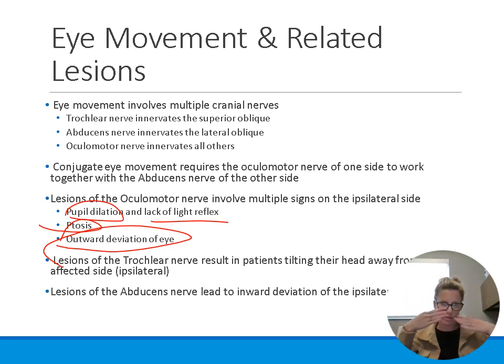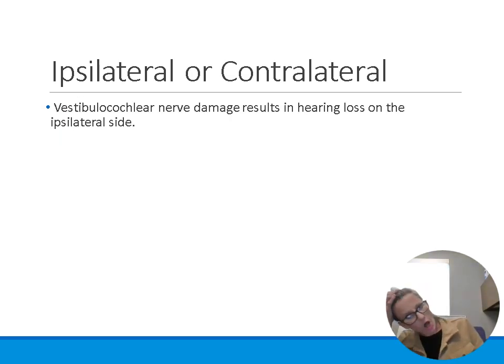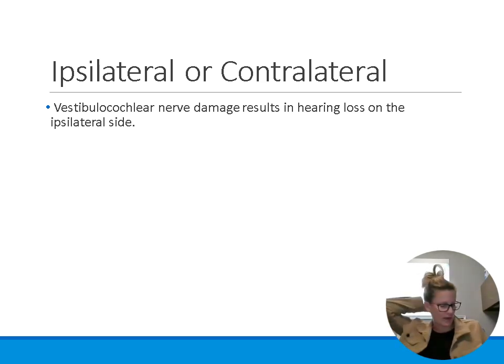So you see the inward movement of the eye, there's disconjugate gaze, there could be diplopia, but the eyelids are not drooping, the pupils are not blown, or that one pupil is not dilated. And then again, remember, for all of those cranial nerve issues with eye movement, it's always on the ipsilateral side. So whatever nerve is affected, that's the eye that's impacted.